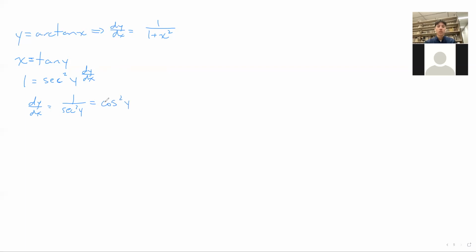So where can I go from there? I can draw this triangle here. Here's how this triangle is going to be built. It's going to be based on this idea here. If x is the tangent of y, I'm kind of saying that y is an angle. And if the tangent of that angle is x, that means the opposite over the adjacent side are x and 1.